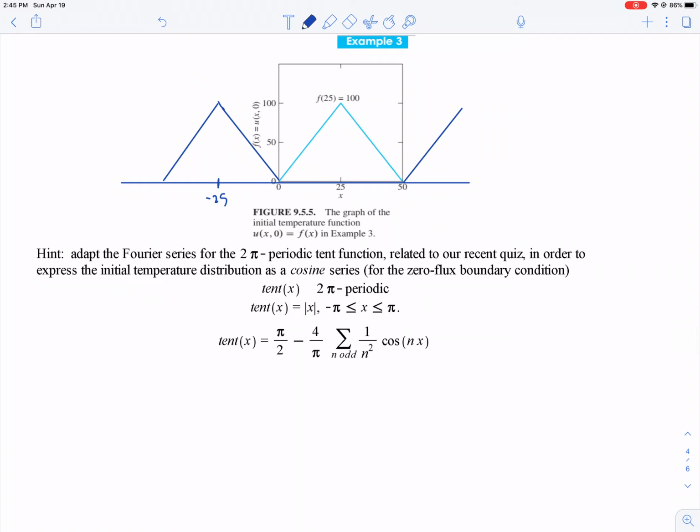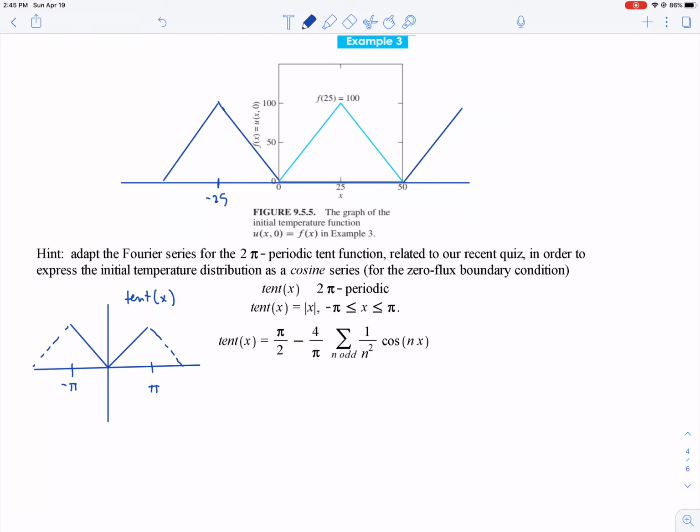So let's draw down the 2 pi periodic tent function. Its period is from minus pi to pi instead of minus 25 to 25, and it's the absolute value of x, just like the other one, but that causes a rescaling in the vertical.